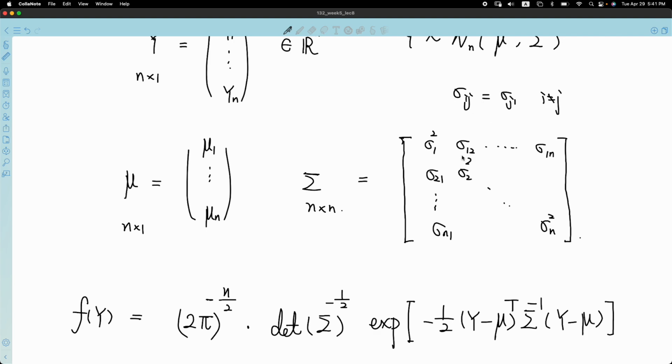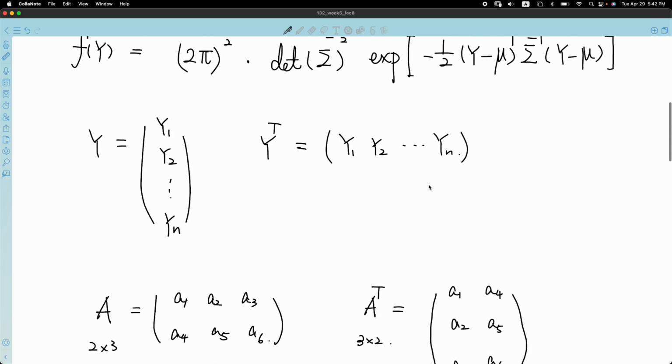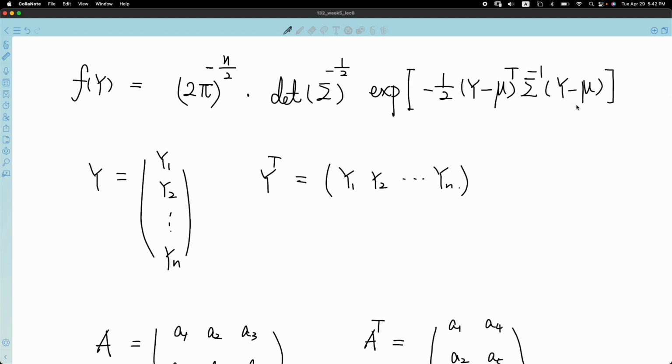If you flip along the diagonal, you will still get itself. So our sigma matrix, the covariance matrix in a normal distribution, is a symmetric matrix.